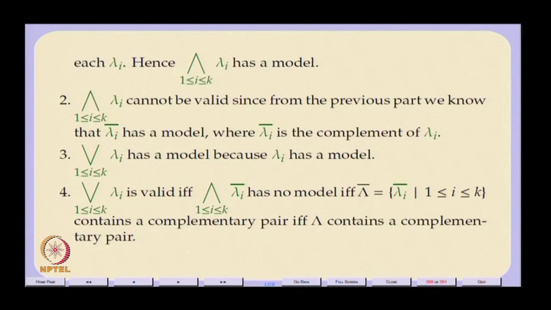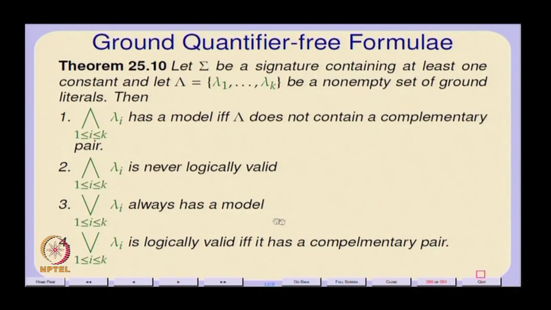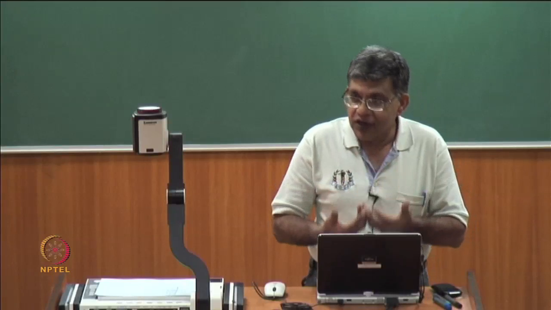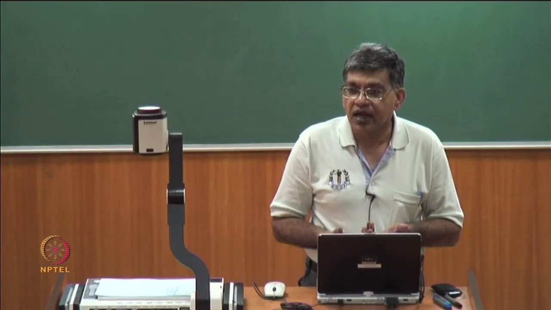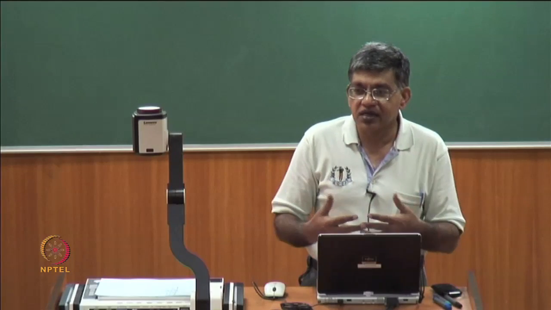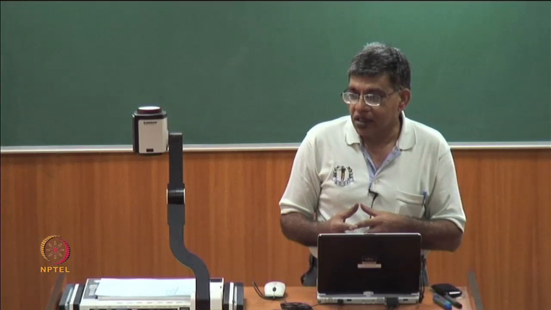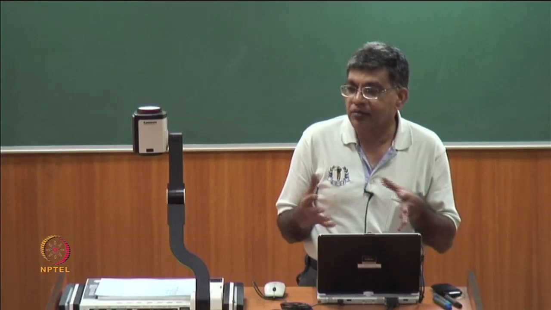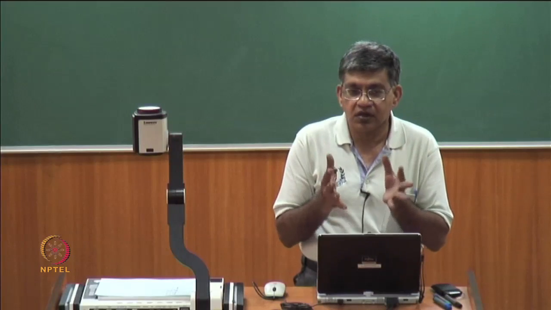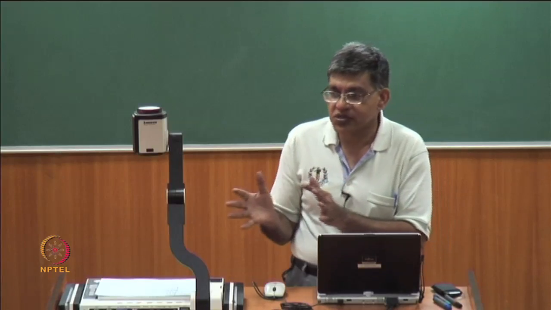So, this is the first step towards looking inward for models and thereby restricting your quest for models of sets of formulae in some tractable fashion. You just stay within your term algebra and do not go outside it.